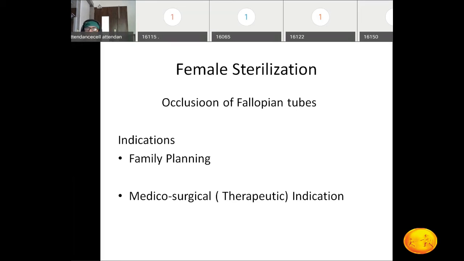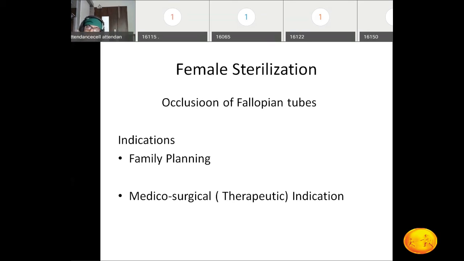Uterovaginal prolapse. See, tubal ligation prevents all the types of pregnancies, intrauterine as well as ectopic. But even though she has undergone sterilization surgery, she can get pregnant as a failure, although the rate is very less.